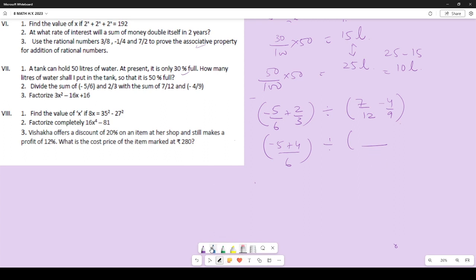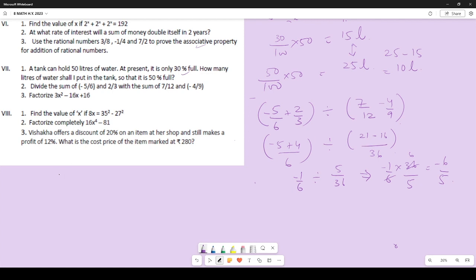The LCM would be 36, 21 minus 16, right? So what we get over here, minus 1 by 6 divided by 5 by 36. So this goes to minus 1 by 6 into 36 by 5. So we get minus 6 by 5 as the answer.